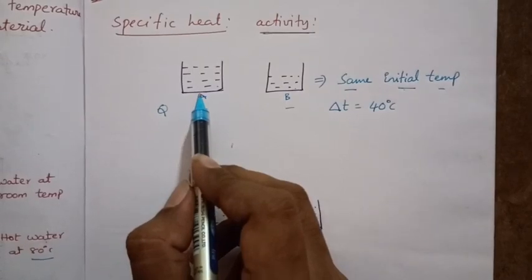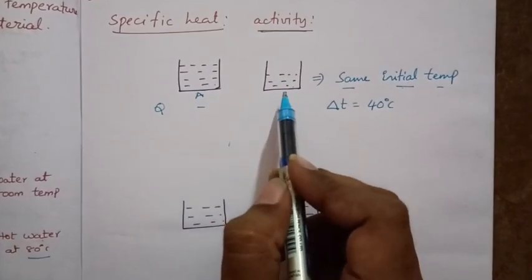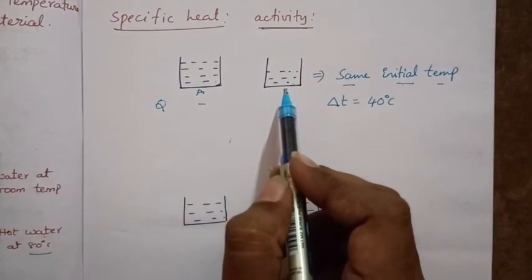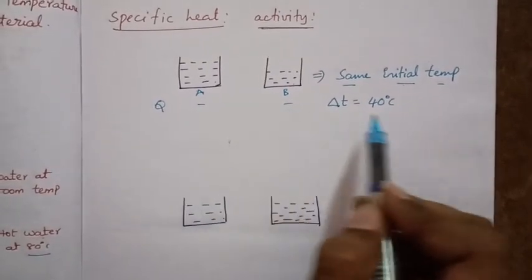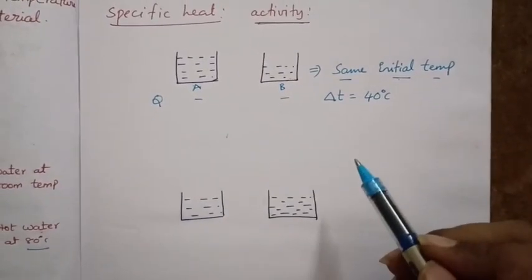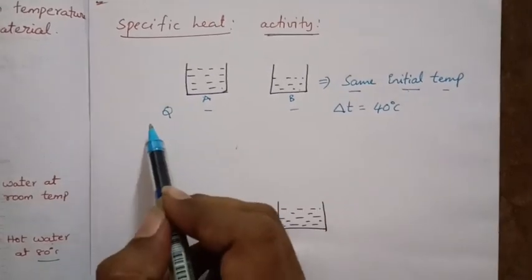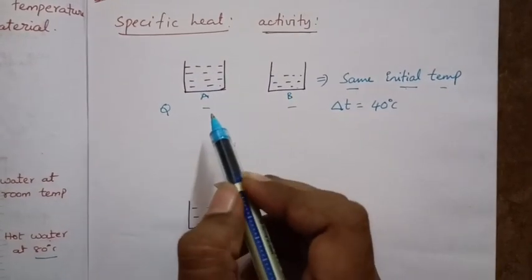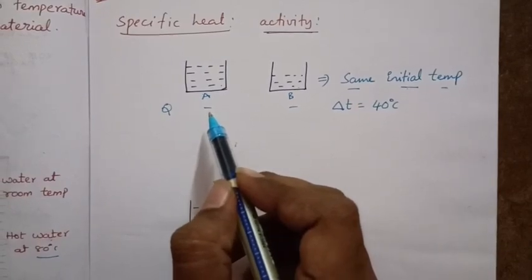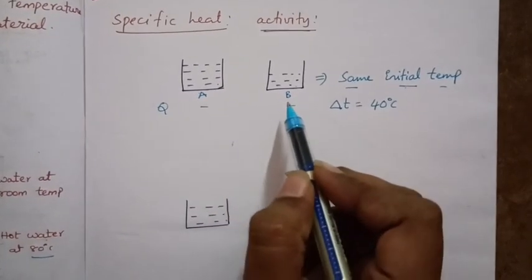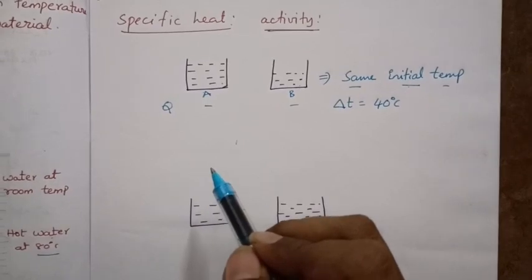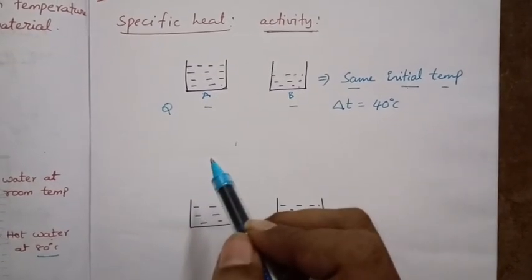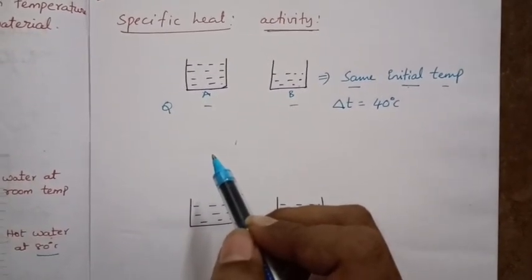But A has more mass, B has less mass. I want to increase the same temperature for both. So I should supply some amount of heat. Then can you say for which one we should supply more amount of heat?